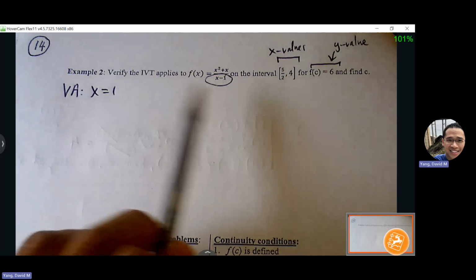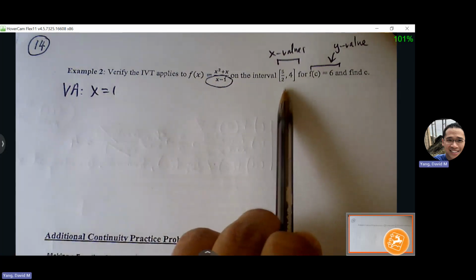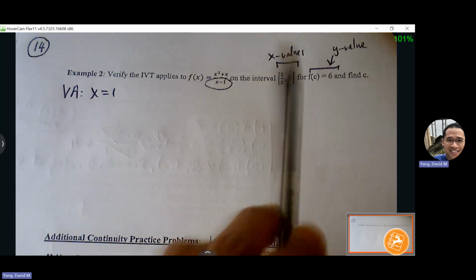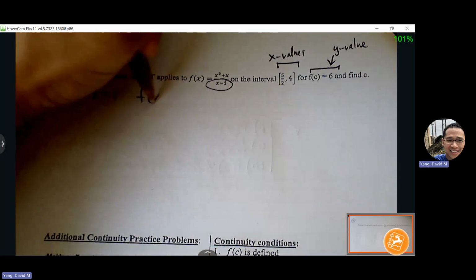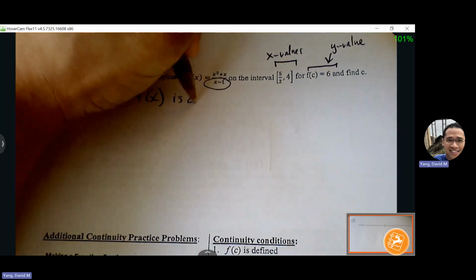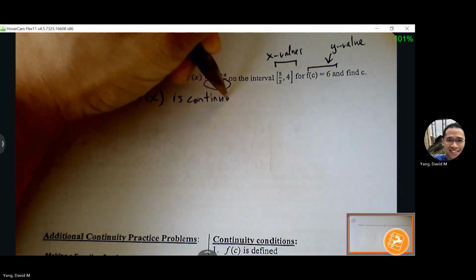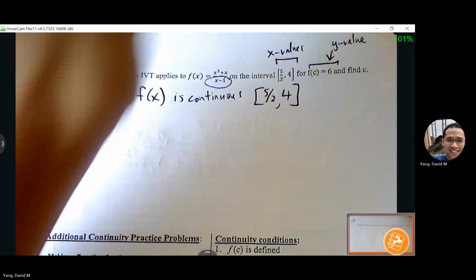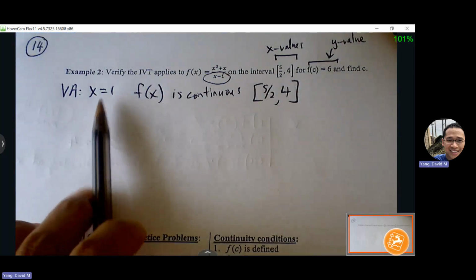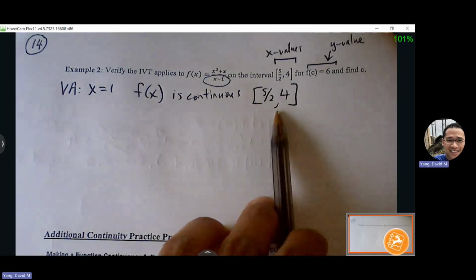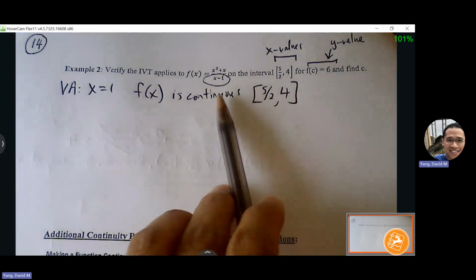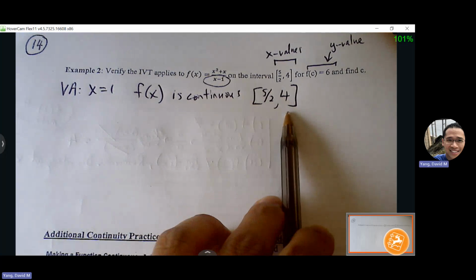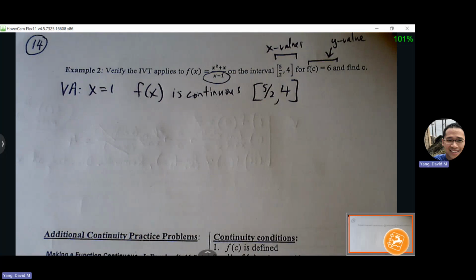So we can say with confidence that our function is continuous on the interval from 2.5 to 4. Now, let's say there was a vertical asymptote and it did impact the interval. If I can't guarantee continuity on the interval, then I would stop the problem and say, okay, IVT doesn't apply because I can't even get past that first condition.